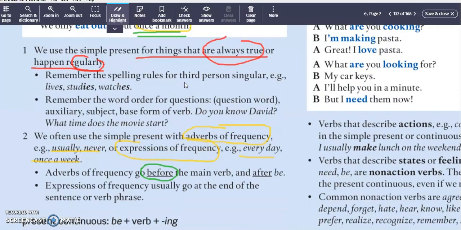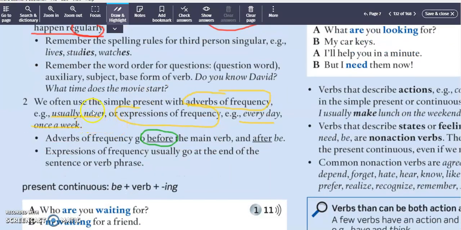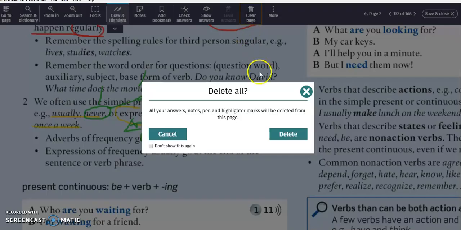For example, you can say, I never drink coffee in the afternoon. So if I say, I never drink, that goes before the main verb. So we have the adverb of frequency and then the main verb. All right?